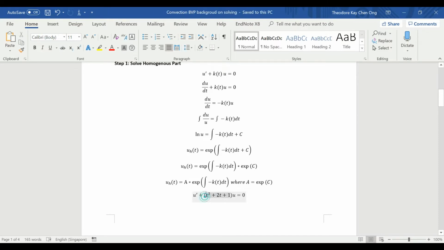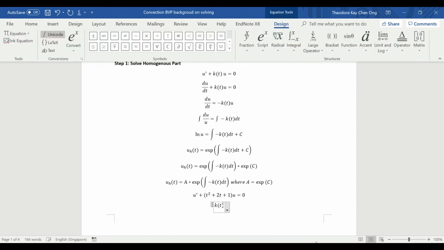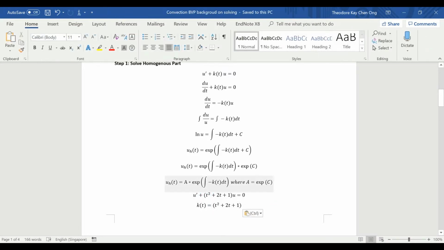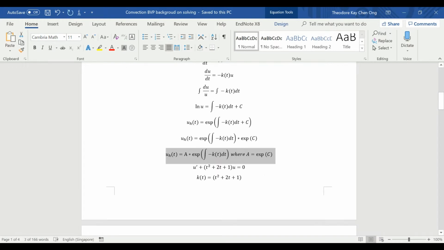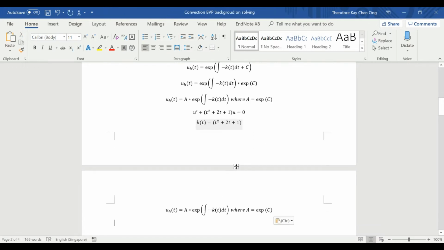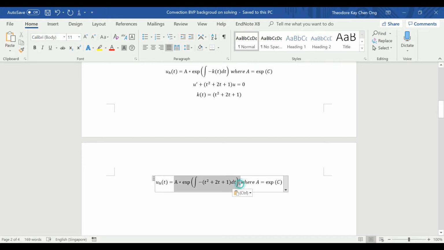So k(t) equals whatever I have in this bracket here. Since we already have the homogeneous part down, I'm just going to copy this over, and since k(t) equals whatever expression is here, you can copy this expression and put it here. Now that's all we are doing.